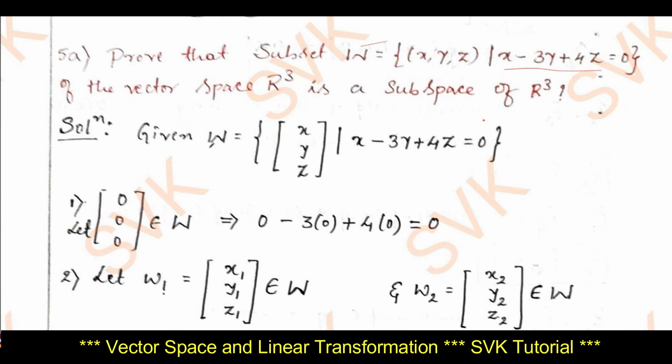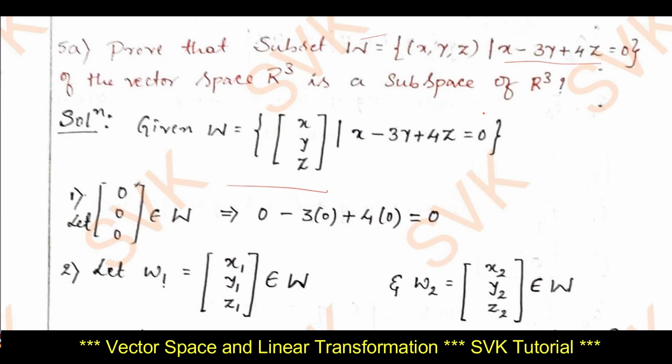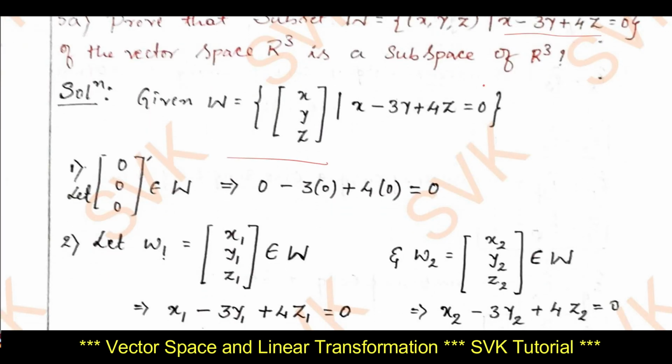So moving on to the solution, consider the given W. I have written W in vector form: (x, y, z) such that x - 3y + 4z = 0. So considering condition 1, I need to show that it contains the null vector.